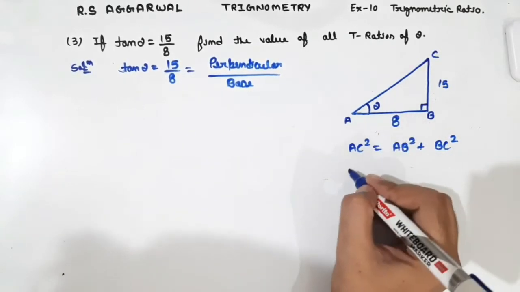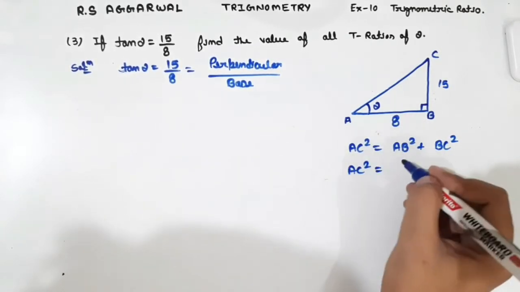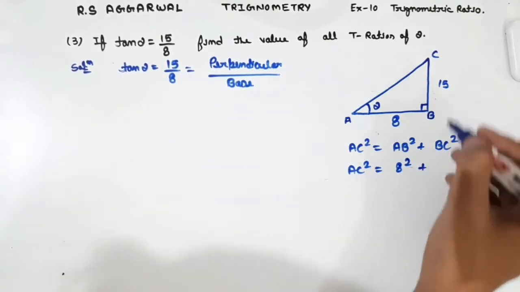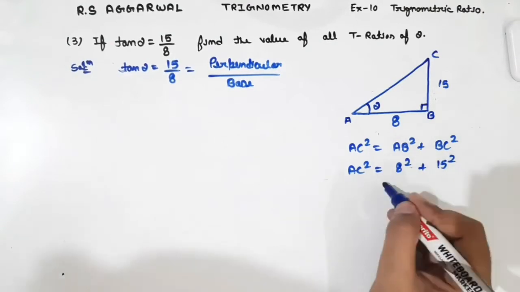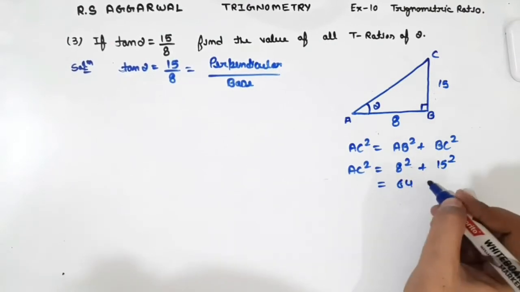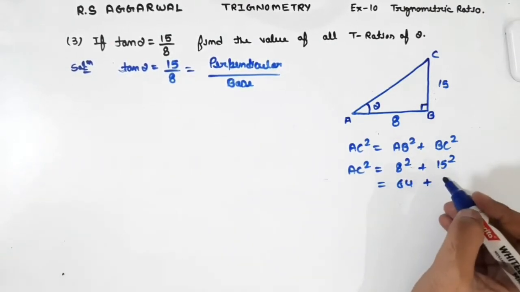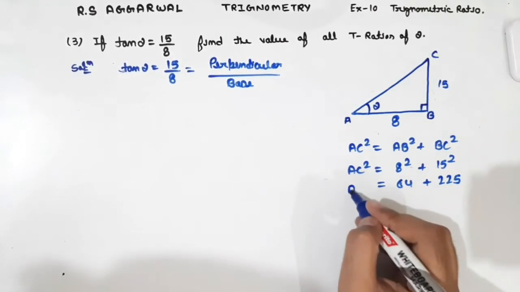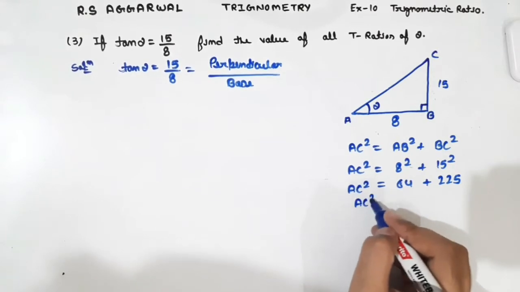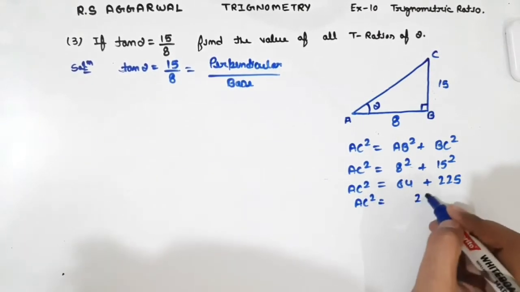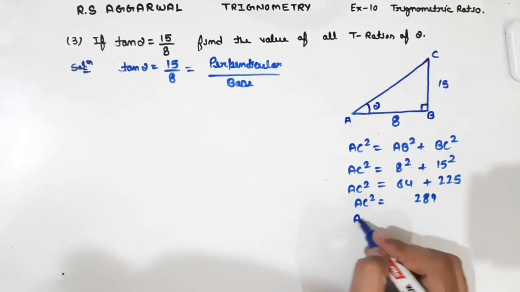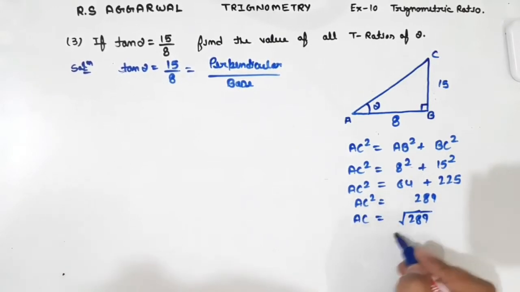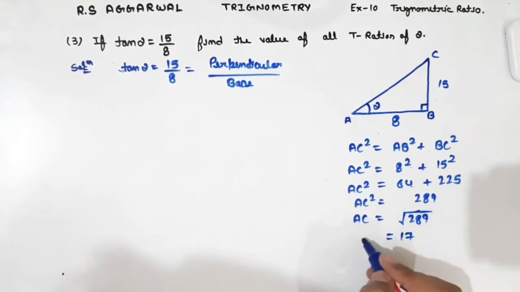So AC square is 8 square plus 15 square. So 8 square will be 64 and 15 square will be 225. So from here AC square will be 289. So from here AC will be under root 289, that is equals to 17.